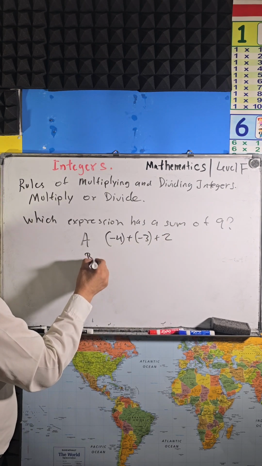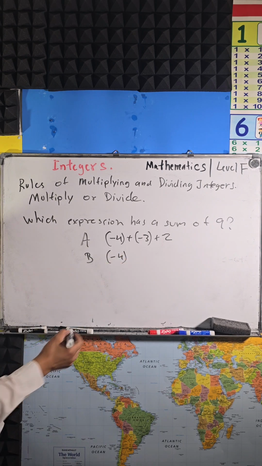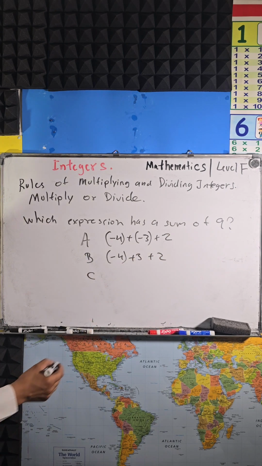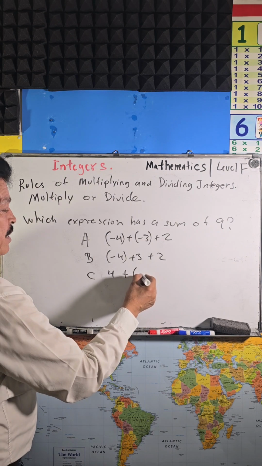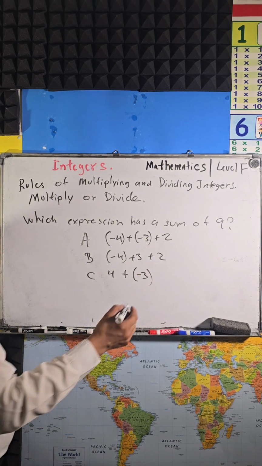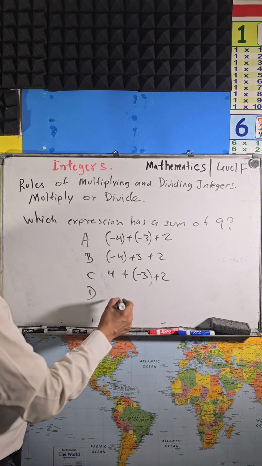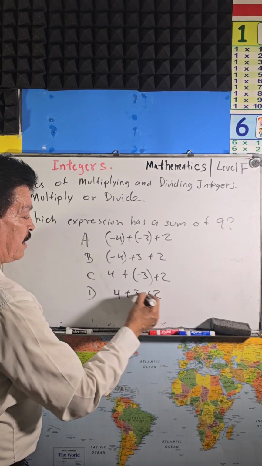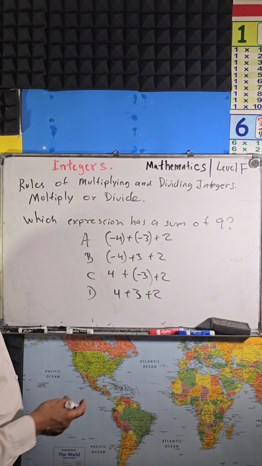It's addition. Letter B has negative 4 plus 3 plus 2. And then letter C, we have 4 plus negative 3 plus 2. And D, we have 4 plus 3 plus 2. Okay, so only one is the right answer. What do you think is the right answer? It's 9.